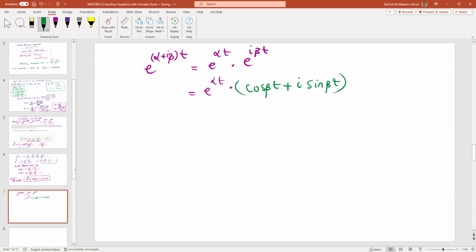And having made this sense, we can now, of course, show that if you need to do a derivative with respect to time, it's going to be this, right?